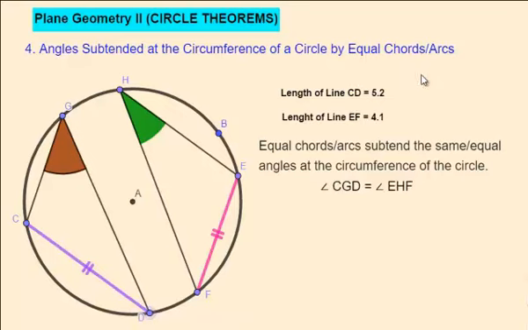Now the length of chord CD is 5.2, whilst the length of chord EF is 4.1, as you see on your screen.